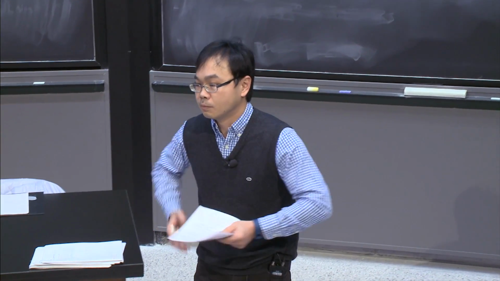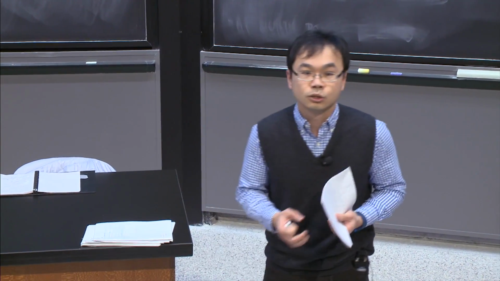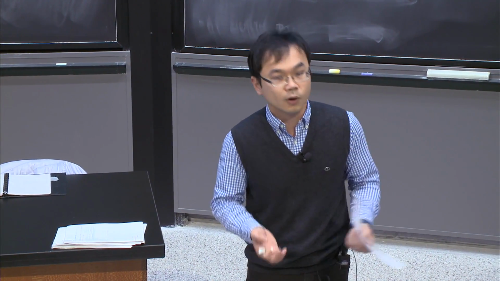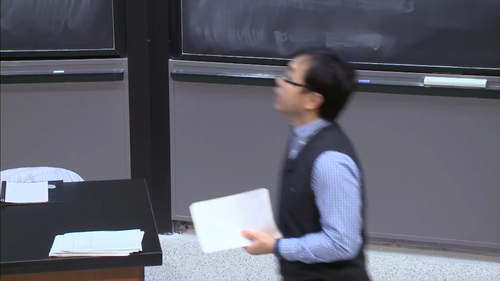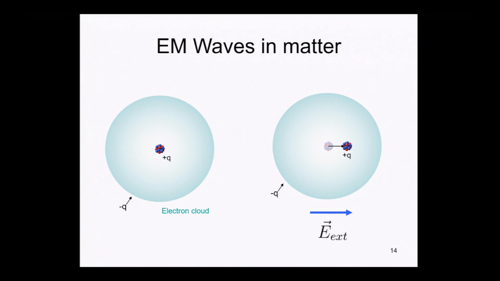So this kind of material also responds to the external magnetic field or electric field. For example, in this case, I have an electron cloud around the positive charge nucleus in this figure. And you can see that before we apply an external electric field, it's symmetric around zero.